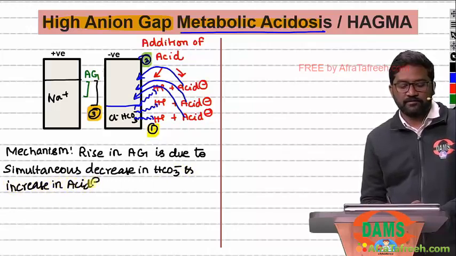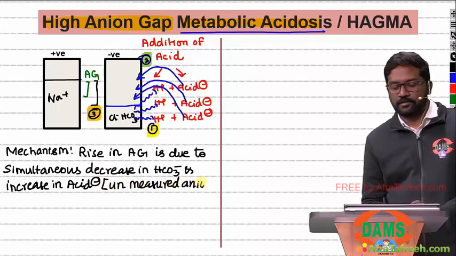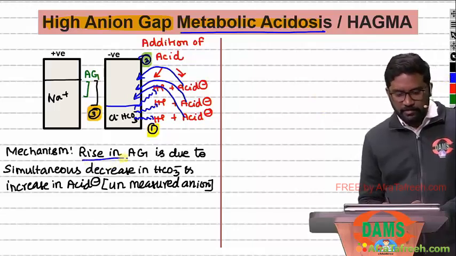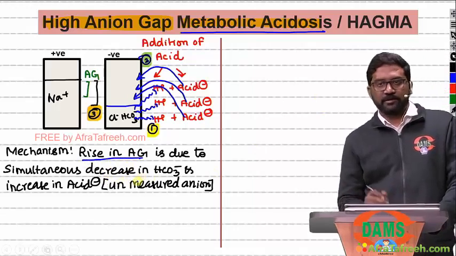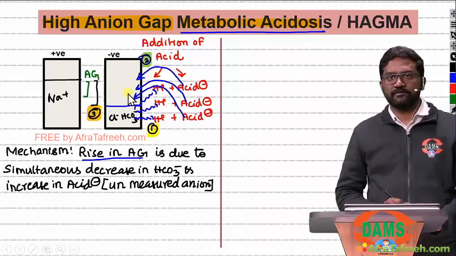So what is this acid anion? It is nothing but unmeasured anion. So what does it mean? For anion gap to increase, simultaneously there is decrease in bicarbonate and increased accumulation of acid anion.